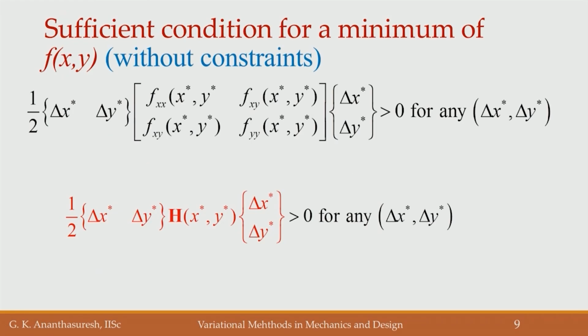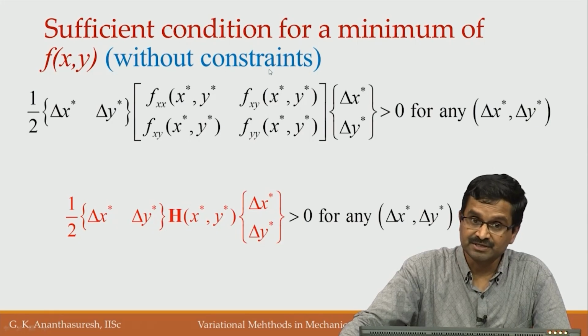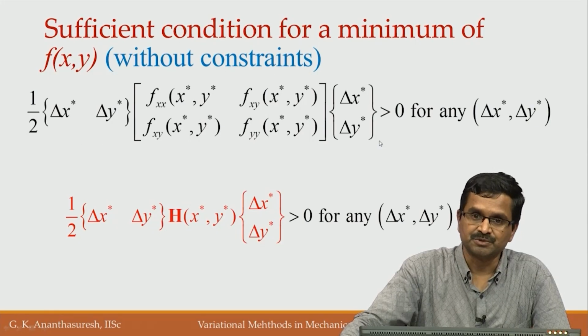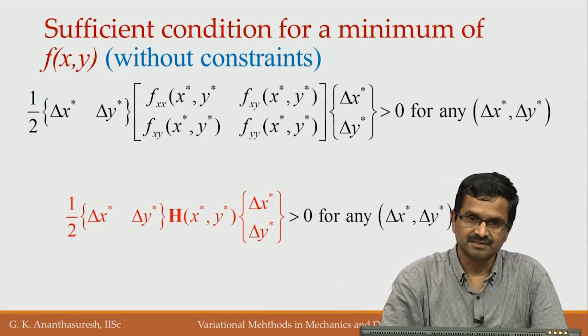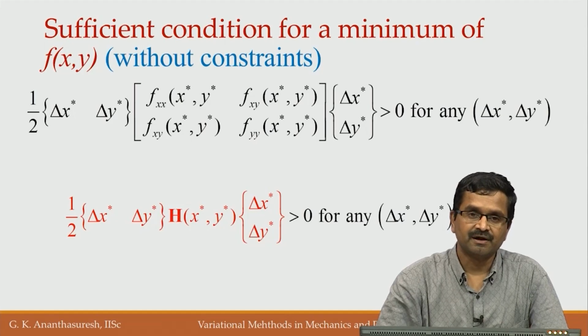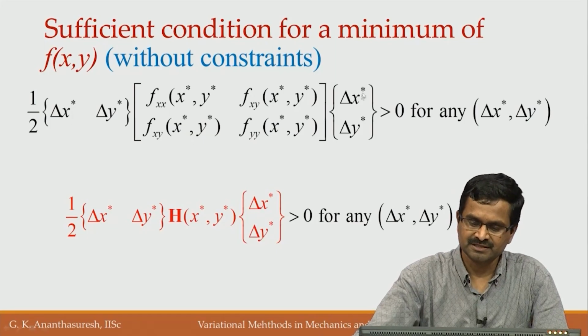Now, let us move to sufficient conditions, which is the main point of today's lecture. For the unconstrained problem, this is what we said should be true. This is a second order term in the Taylor series approximation, because for a local minimum the first order term is 0. Now the second order term has to be positive in order for f of x star to be a local minimum. This is a second order term written in matrix form, delta x star, delta y star.